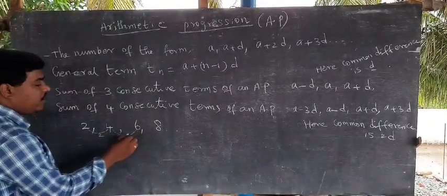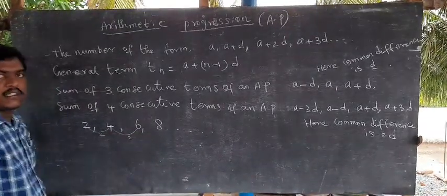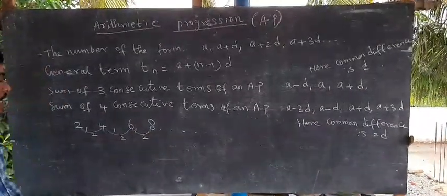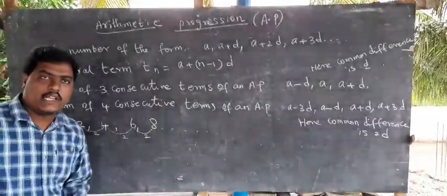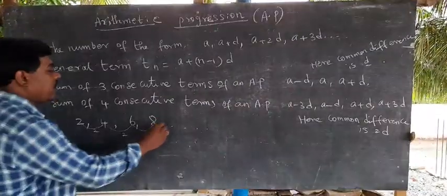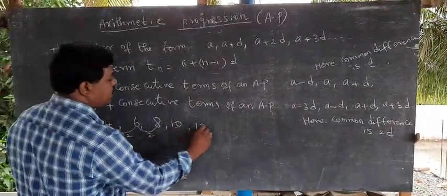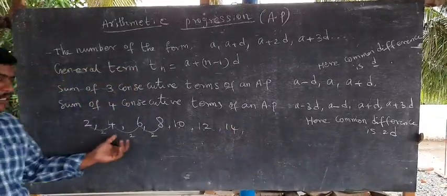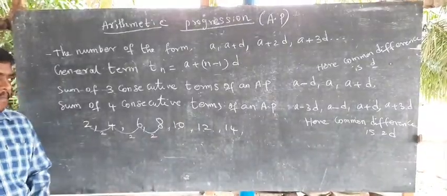Then from 4 to 6, the difference is 2. From 6 to 8, the difference is 2. The difference will be the same throughout the sequence. However many terms we write, we get the same difference. So a sequence like this is called AP.